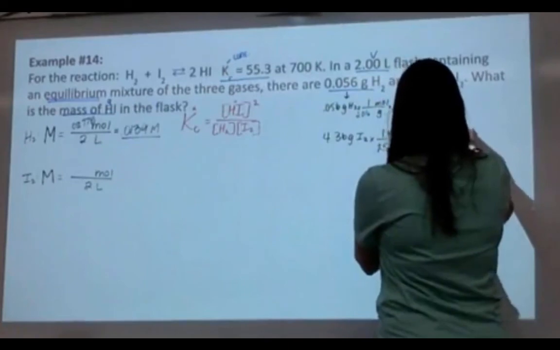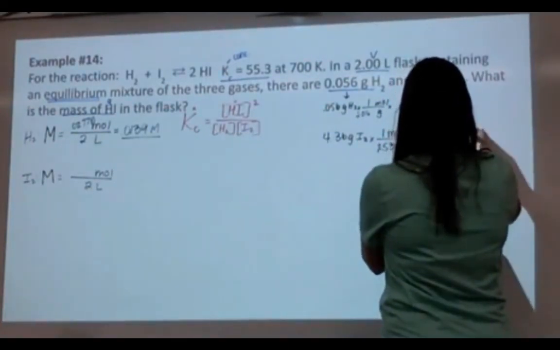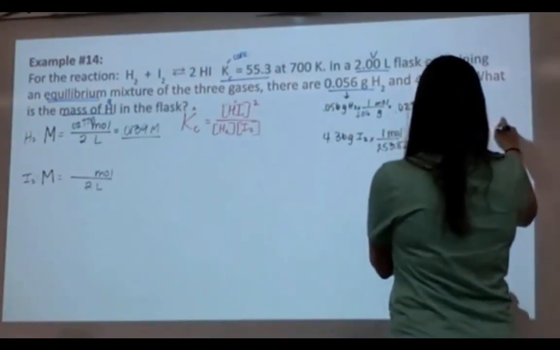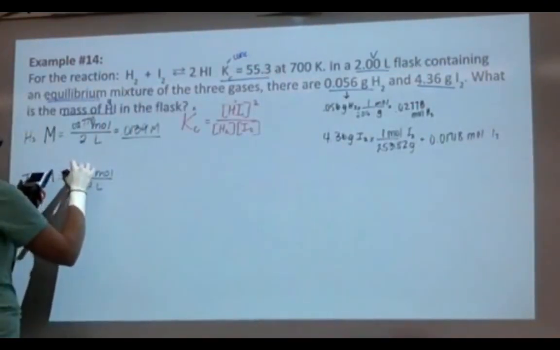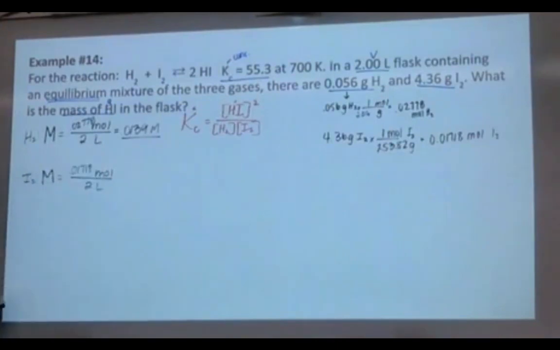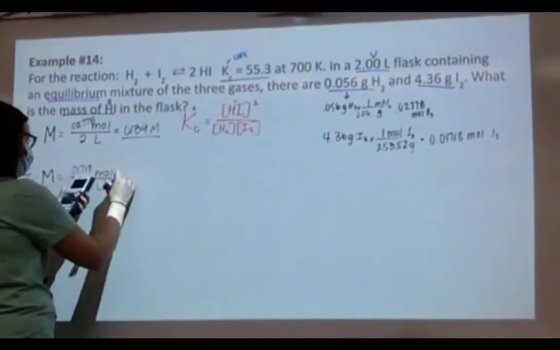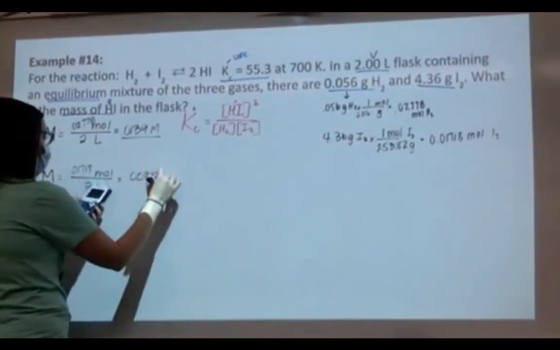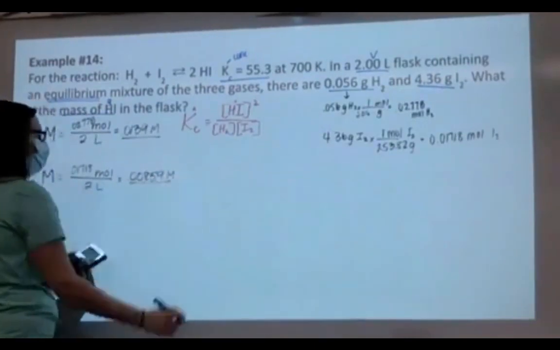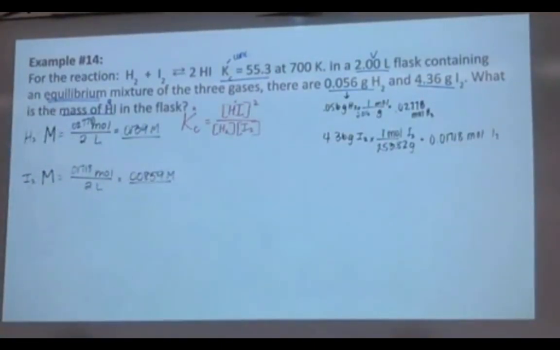That gives 0.01718 moles of I2, divided by 2 liters to get concentration, 0.00859 molar. So now we've solved for the molarity of H2 that's in the container, and we've solved for the molarity of I2 that's in the container.